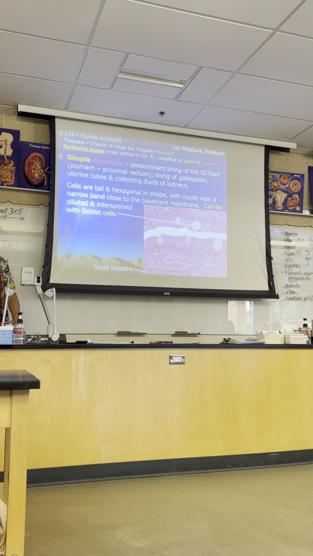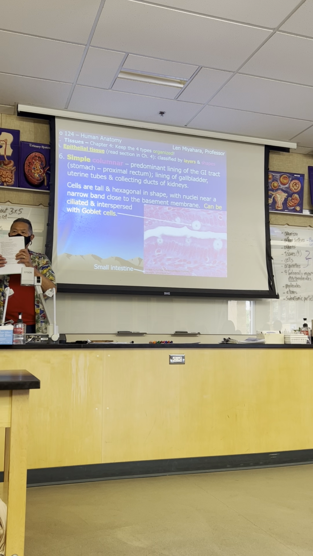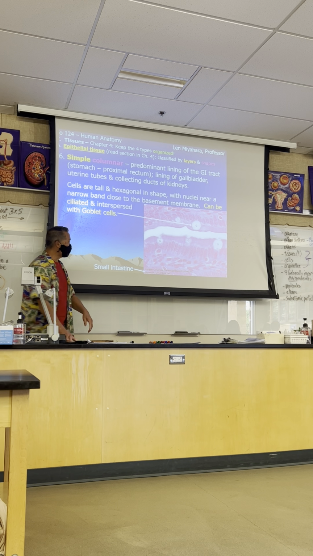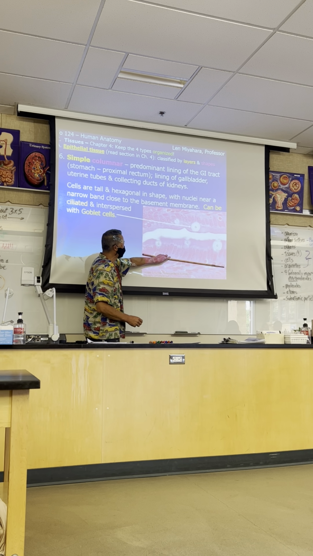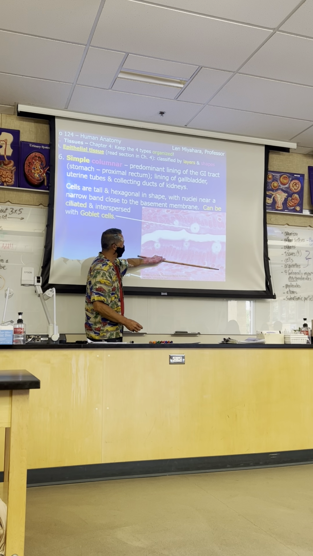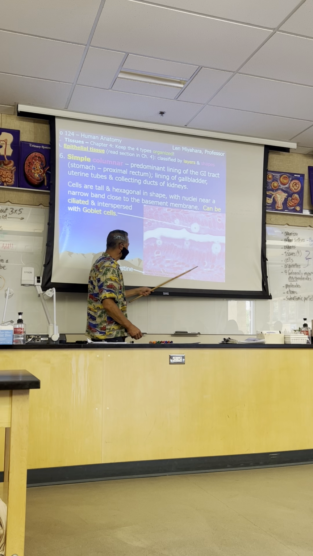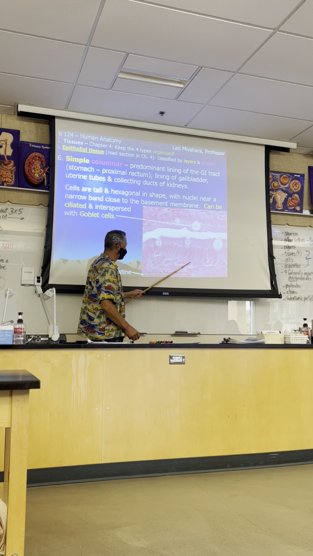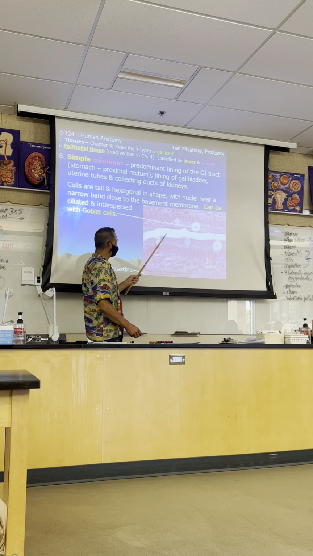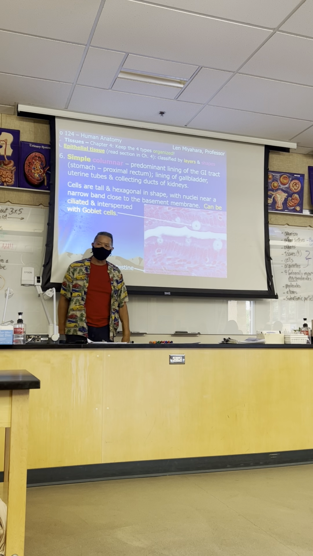But all you have to do is use your best friend. I'm going to say, what is the tissue between this line and this line? You're going to see the stained nuclei in a row really close together when they abruptly stop. You're going to see a free surface, which is the lumen of the guts.